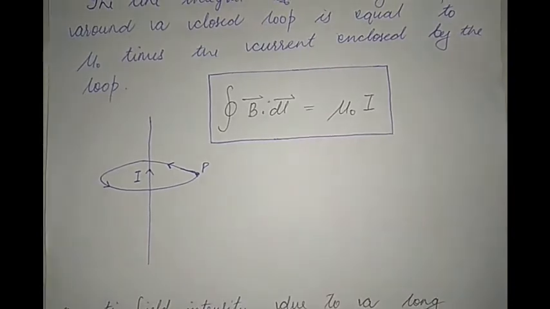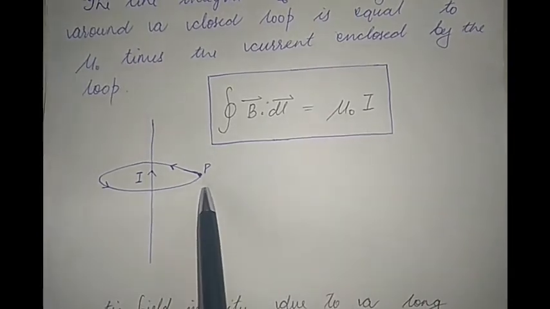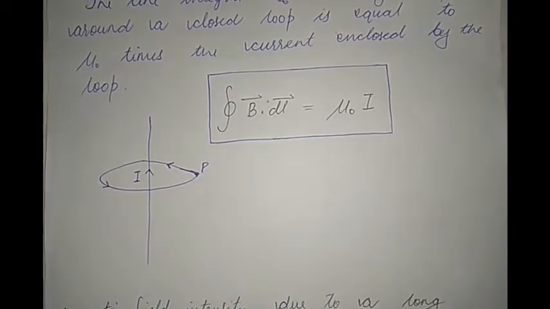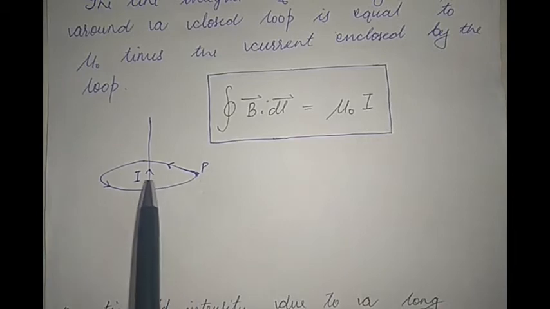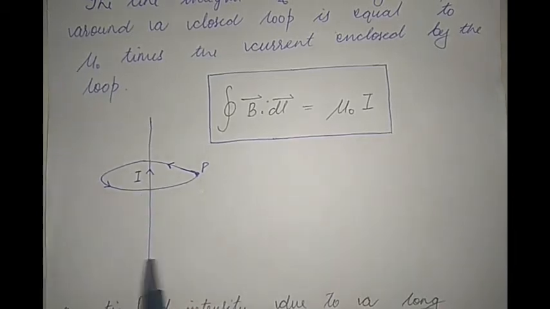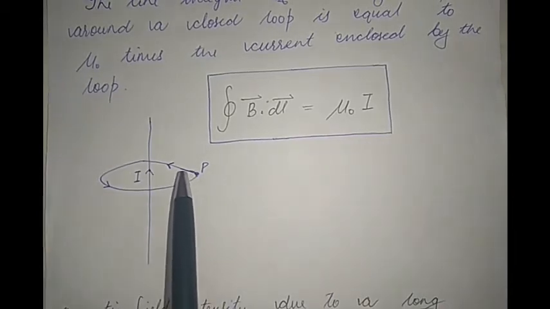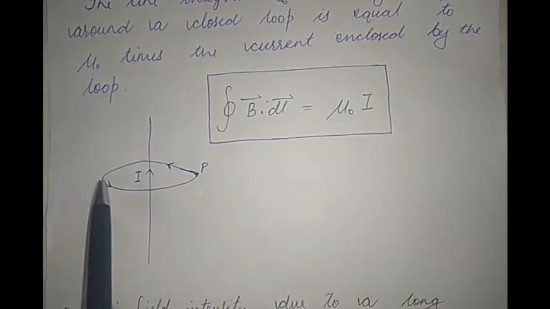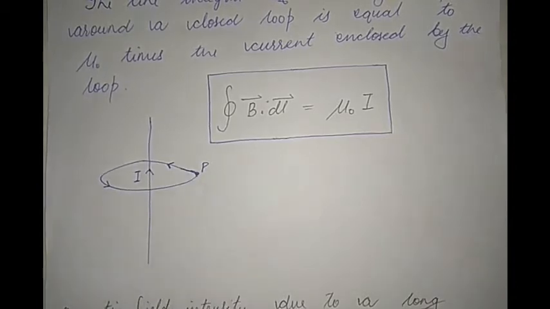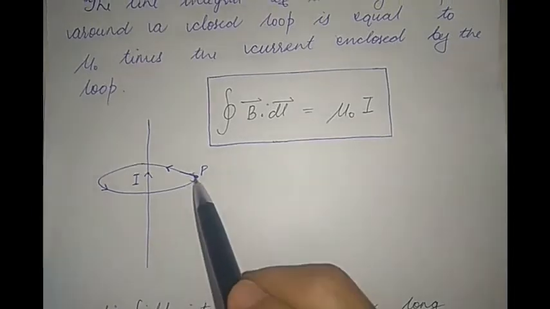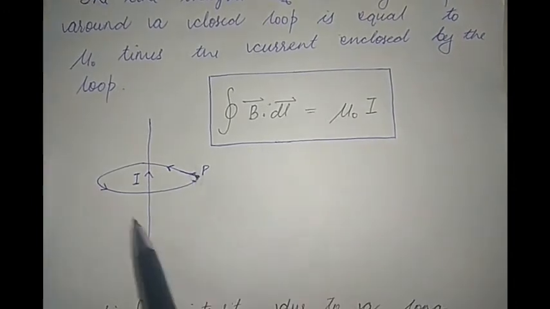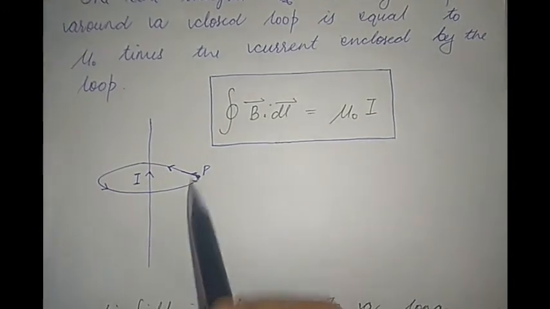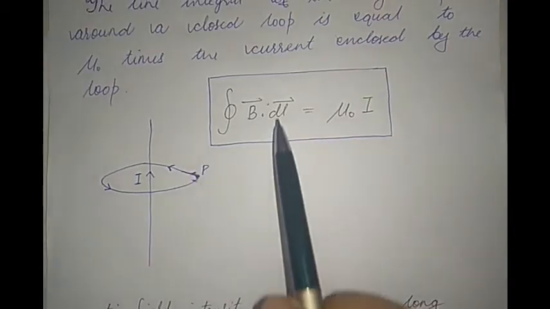Now, let us suppose that the magnetic field intensity at point P is B. All points lying on this circle are equidistant from the wire, so the magnetic field intensity at all points lying on this circle will also be B. Now, if dl is a small elemental length that we consider on this loop, dl has a direction.